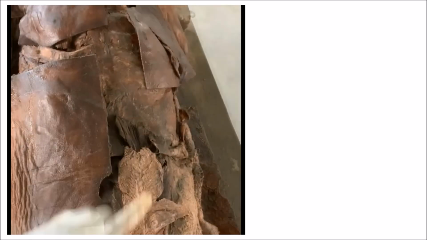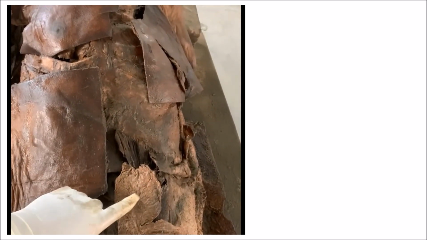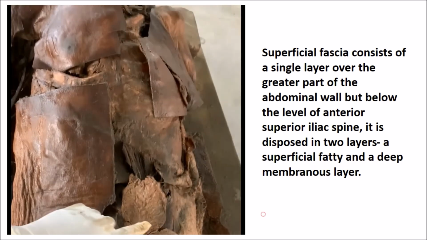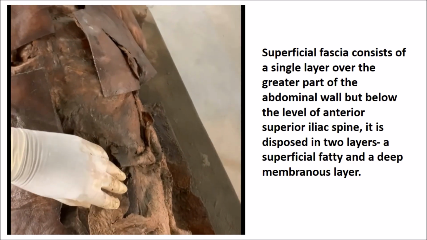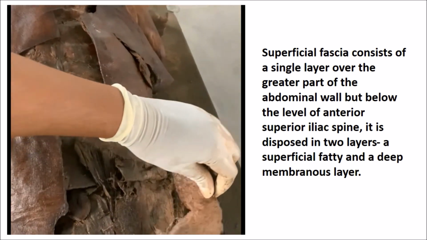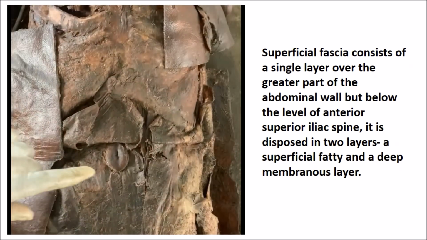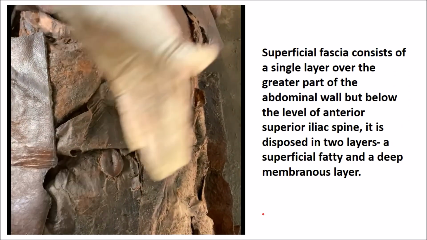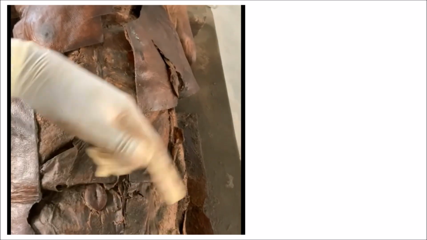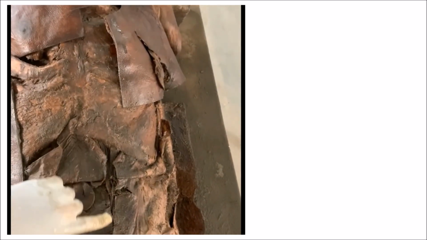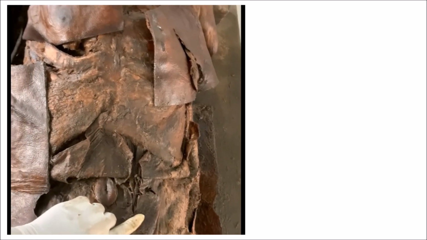This is the condition after reflecting the skin laterally, and this is the superficial fascia. The superficial fascia is also reflected laterally, as is the skin. After reflecting the skin and superficial fascia, this is the rectus sheath.